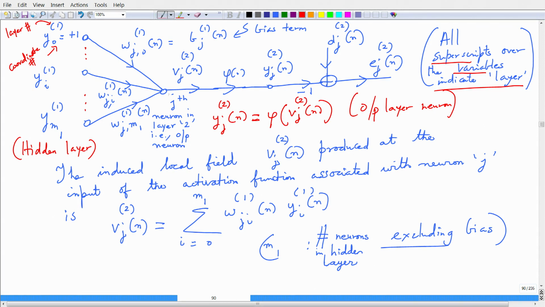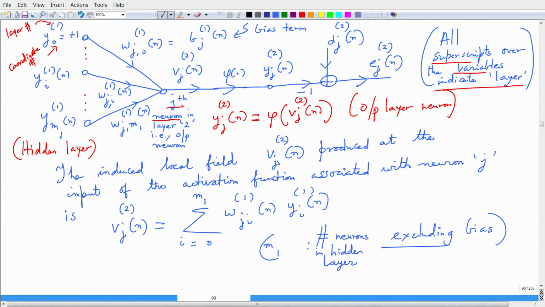This is neuron j in the output layer, the jth neuron in layer 2, and we are computing W transpose y here. If you want, you can put an n for these signals also, indicating it is at time n, but for a bias it does not change with time. Therefore it is fixed to be plus 1, it is hardwired to be plus 1.